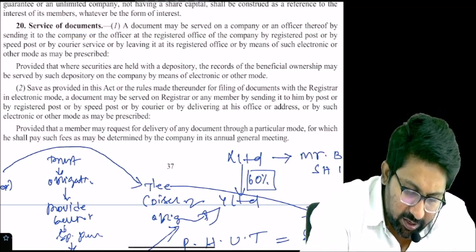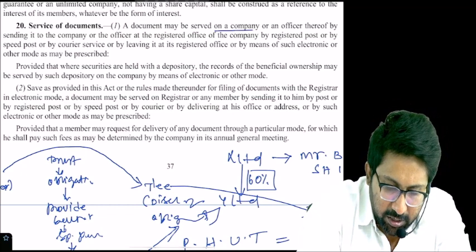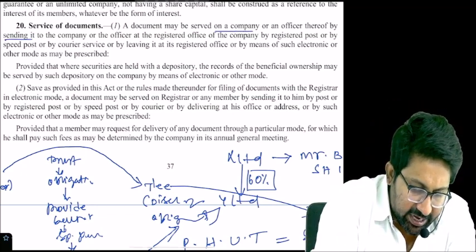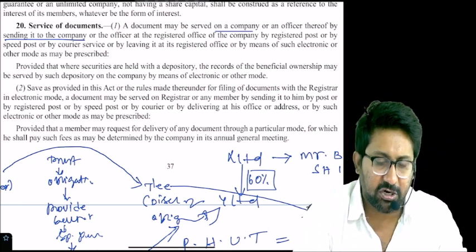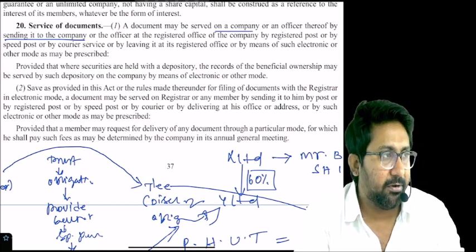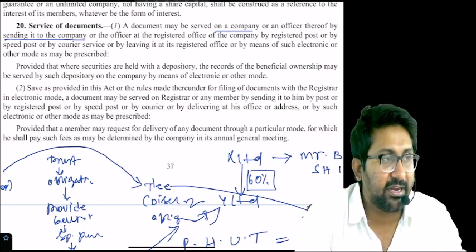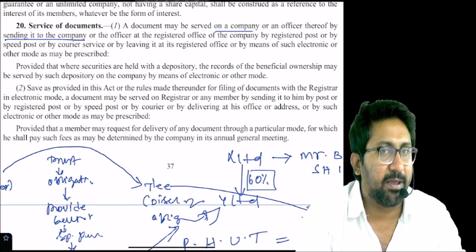A document may be served on a company or an officer thereof by sending it to the company or the officer at the registered office of the company by registered post or by speed post or by a courier service or by leaving it at its registered office or by means of such electronic or other mode as may be prescribed.